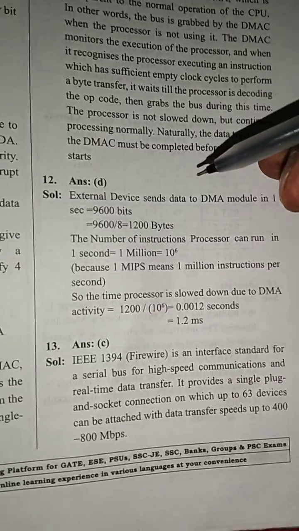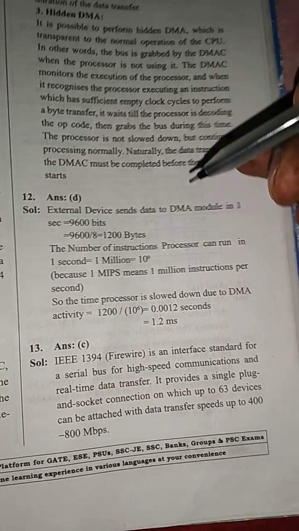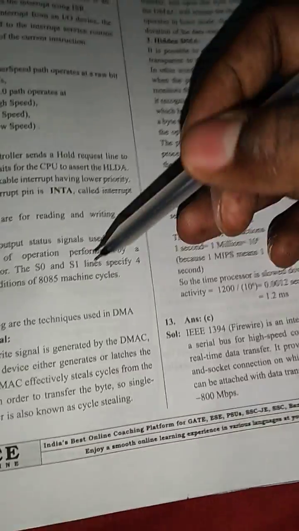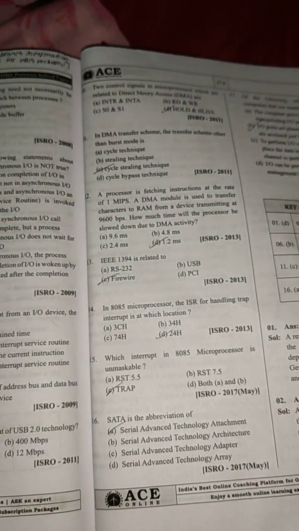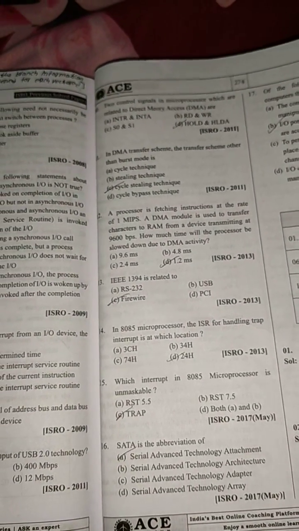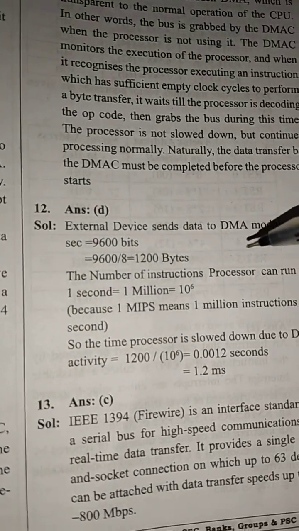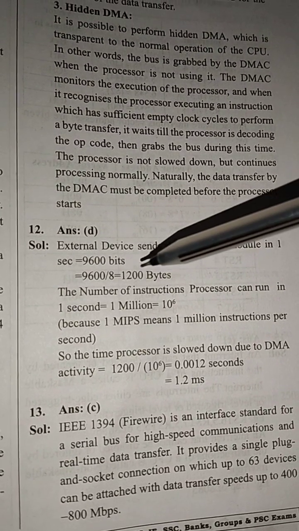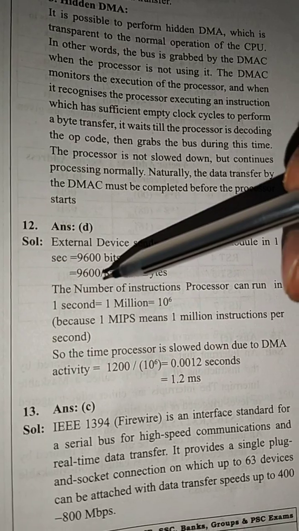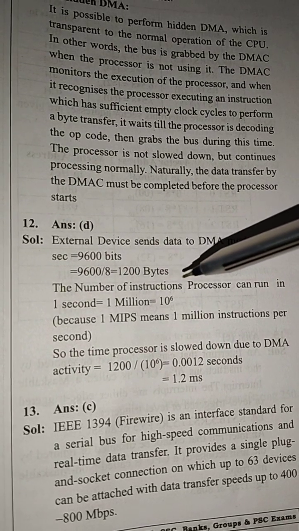The external device sends the data to the DMA module in 1 second, that is equal to 9600 bits. 9600 bits divided by 8 is equal to 1200 bytes.